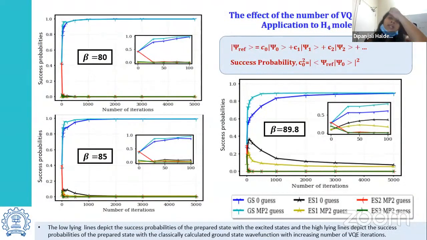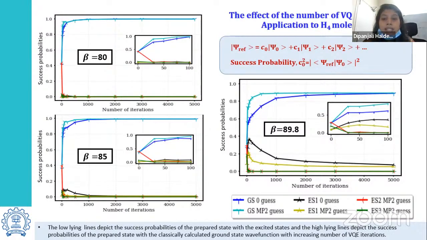And what we can see is that if we look at these graphs, on the x-axis, I have marked the number of variational quantum eigensolver iterations, and on the y-axis, I have marked the success probabilities of the initial state, that is the state that we prepared using VQE, with the target state and the excited eigenstates.